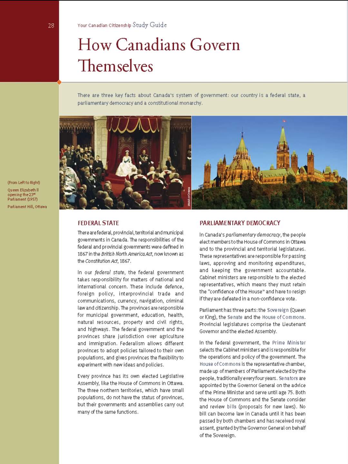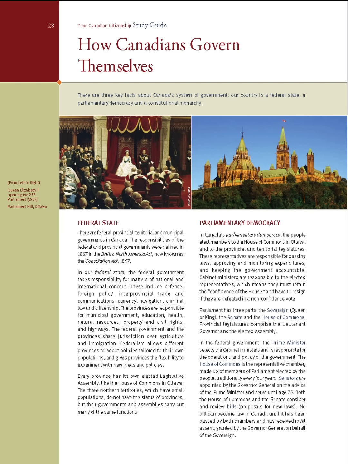In our federal state, the federal government takes responsibility for matters of national and international concern. These include defense, foreign policy, interprovincial trade and communications, currency, navigation, criminal law, and citizenship.